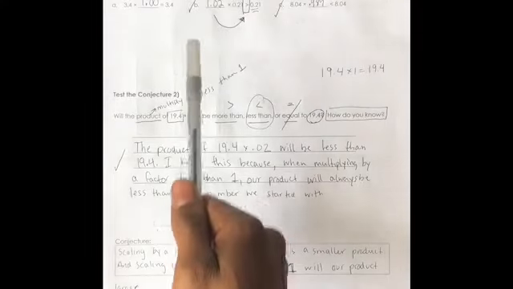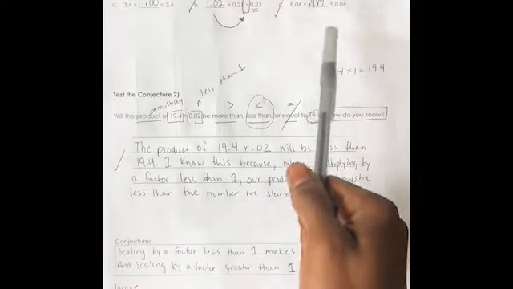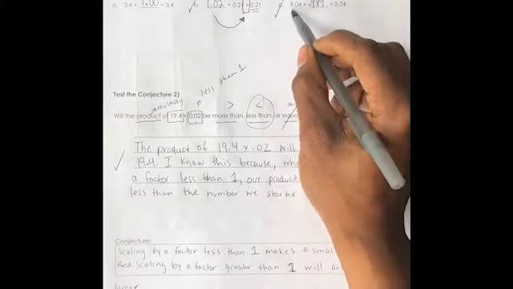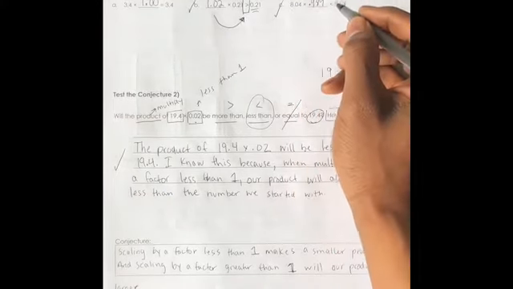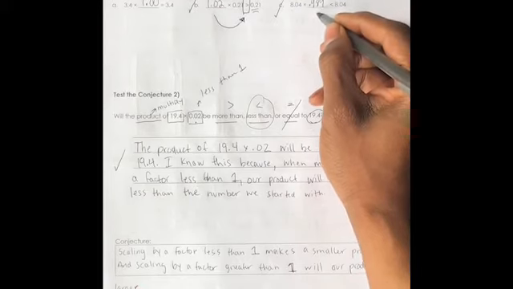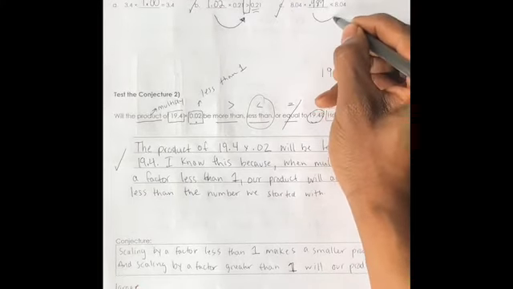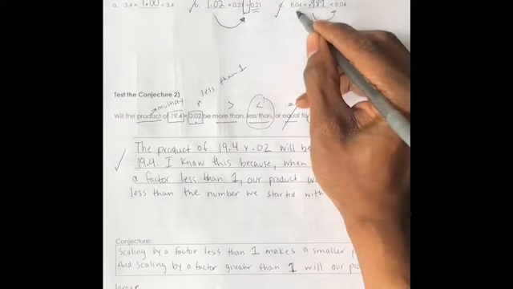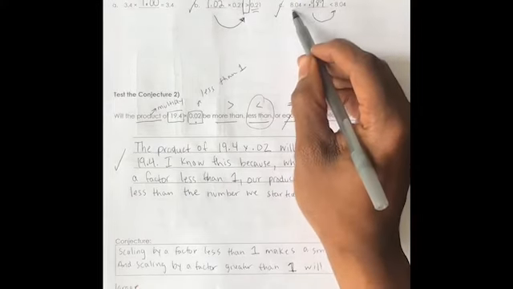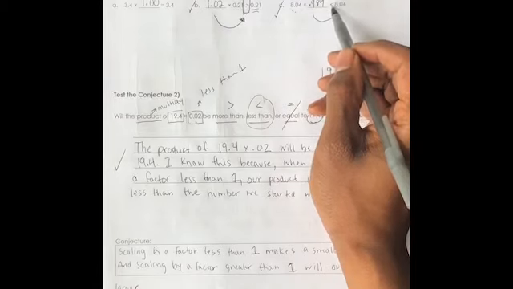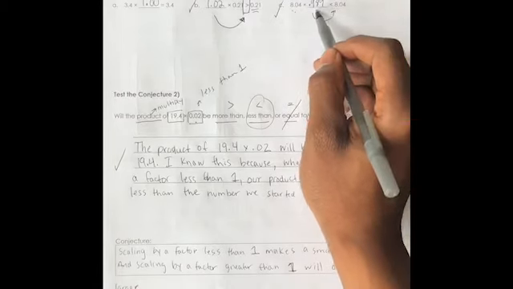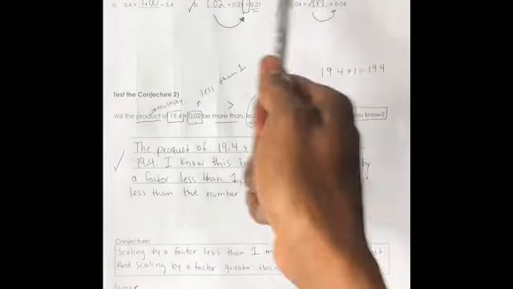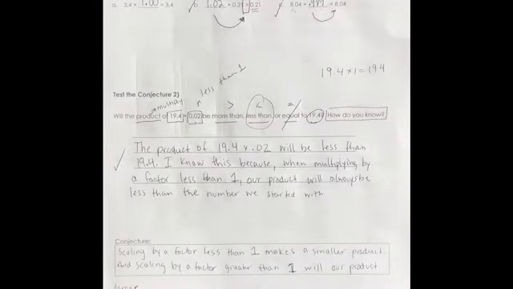So it did hold true for example letter B. Now let's look at example letter C. Here we multiply 8 and 4/100ths by a factor that is less than 1, and we see that our answer is indeed less than the number we started with. So we started with 8 and 4/100ths, and we see that our answer is going to be less than 8 and 4/100ths because our factor is less than 1. So our conjecture did hold true for TTC number 1.